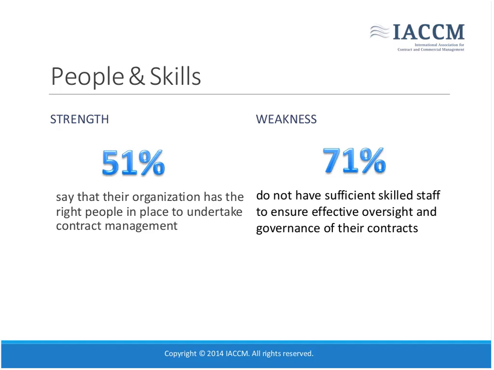So an apparent contradiction here, and my explanation would be that I suspect that 51% were answering it in the context of themselves and their immediate colleagues in procurement, legal, contract management, wherever they are, where the leadership for the organization, the function charged with contract management in a general sense, may feel it's got a pretty high skill level, but if they look more broadly across the business, and their executive by and large in our experience would agree with this, that contract and commercial capability, competence, acumen, whatever you call it, is not present.